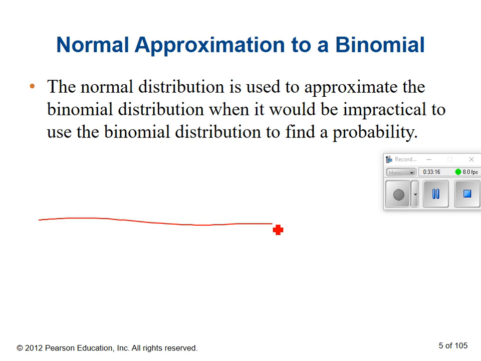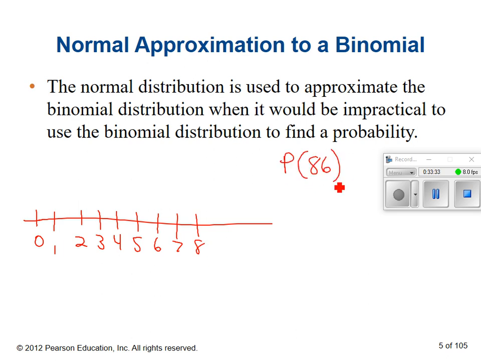Well, that means that we'd have to start where? 0, 1, 2, 3, 4, 5, 6, 7, 8. And if we want the probability that 86 are successes, what number do we have to go up to? 86.